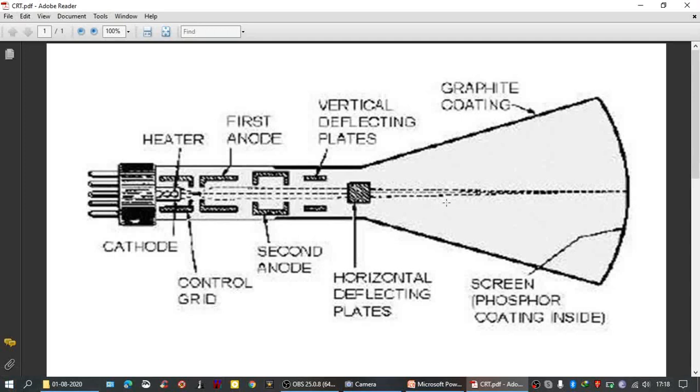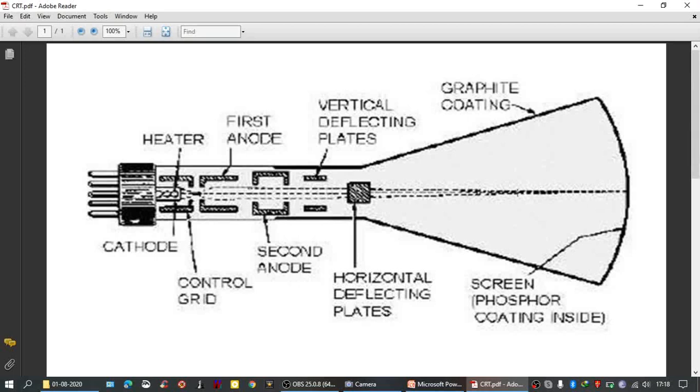The CRO screen is coated with a special material known as phosphor, and the main property of this phosphor is fluorescence. That is, whenever energy is supplied to this material, the material will emit light energy.